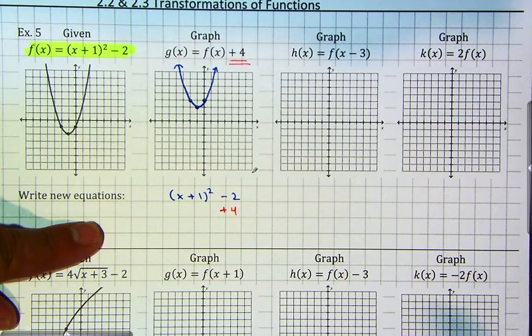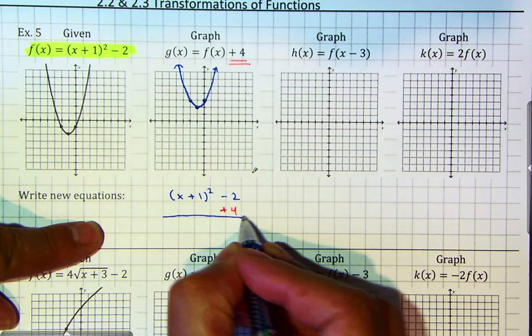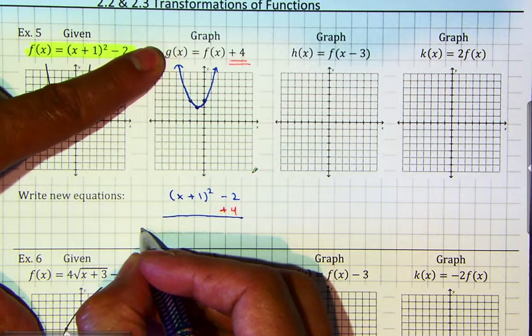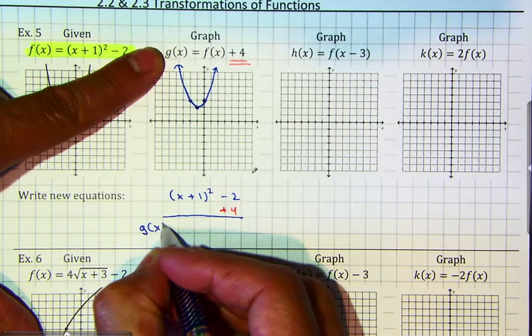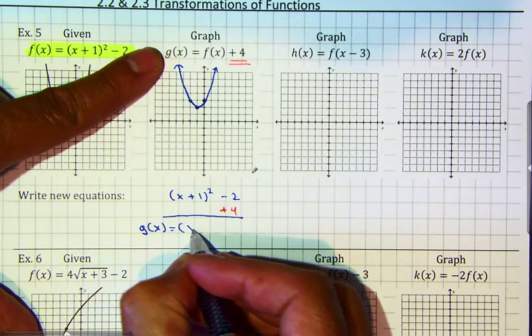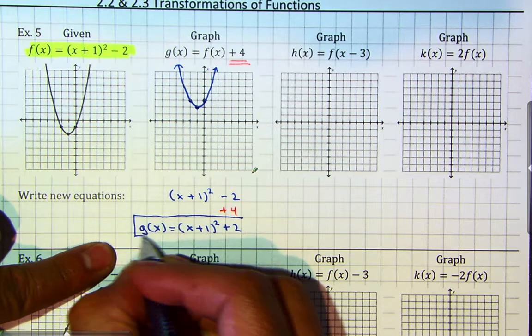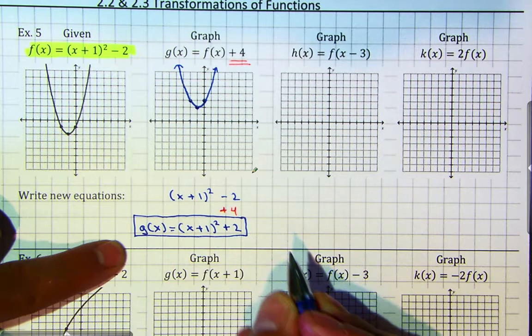It works very nicely, pretty straightforward. We'll call that your new function g of x equals (x plus 1) squared plus 2. And if we did it correctly, then it should match our new graph.